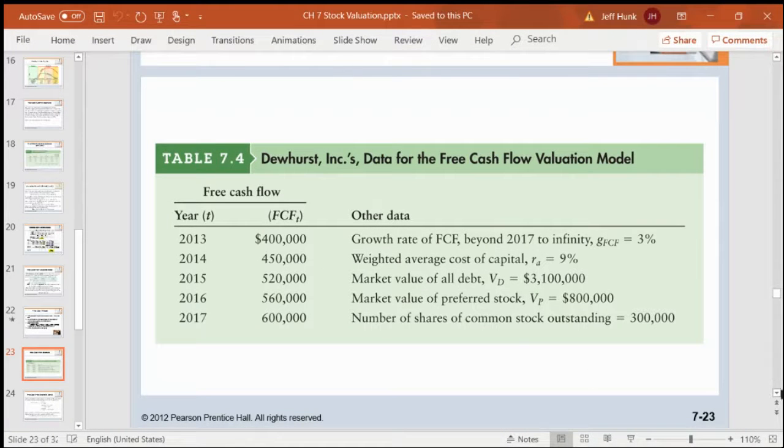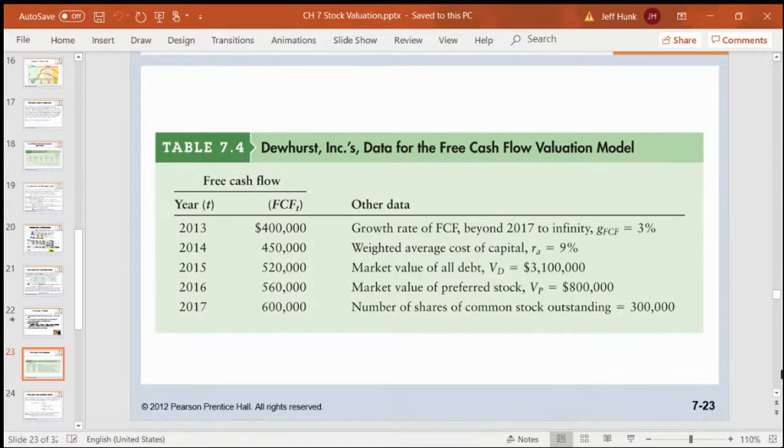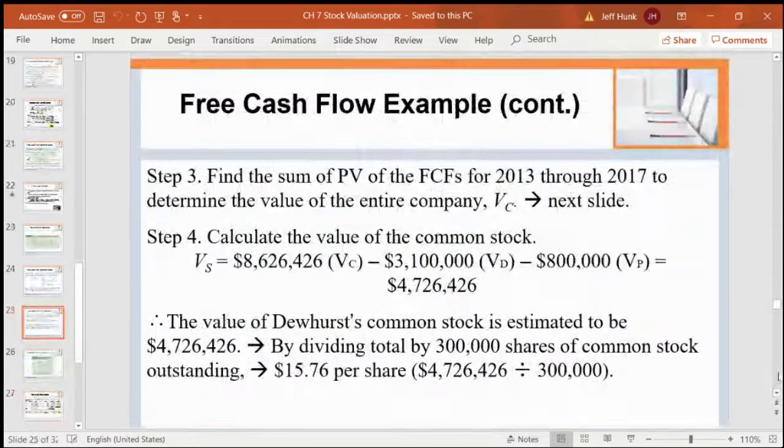So they did it in the slide. A lot of things were done there, but let me quickly. What's important is do it using Excel. So let me. So it's pretty much like the variable growth model example, right?